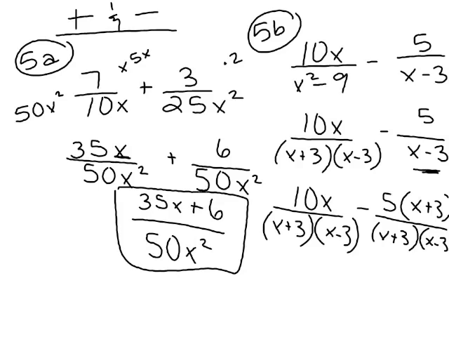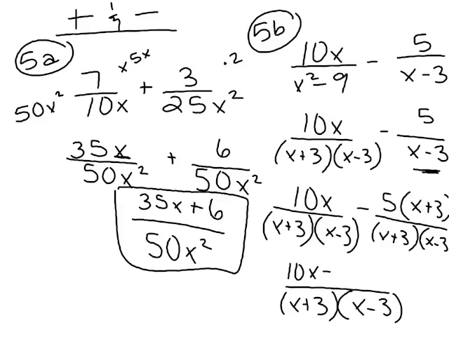So combine. So on the bottom, what do I have? I have x plus 3 times x minus 3. And I have 10x minus 5 times x plus 3. So to make this easier, I'm going to distribute that 5 through.